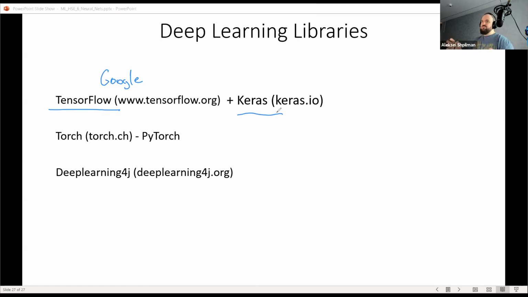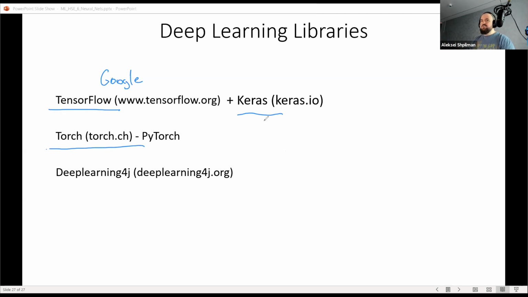So now you can just use Keras inside TensorFlow, and it's easy to use. At some point, TensorFlow was sort of hard. Most libraries did not optimize towards GPU usage and GPU utilization. So the Torch library was created.